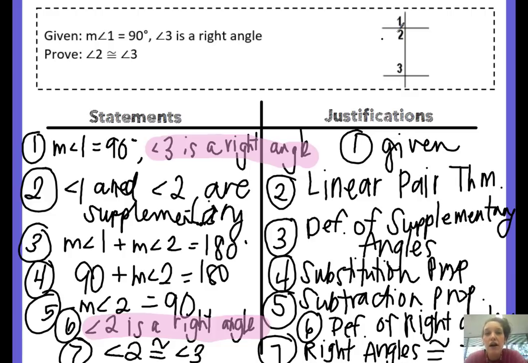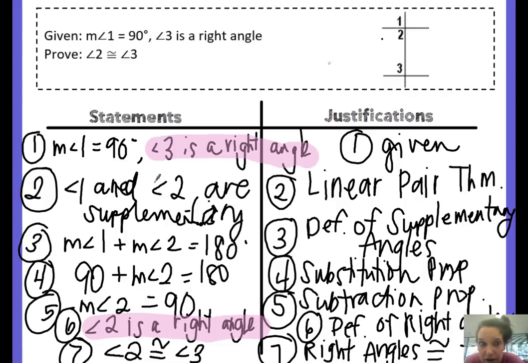Sometimes on a proof you might be thinking to yourself, I just don't know what to do next. I just don't know where I'm headed. Sometimes your strategy is just to take what you know and just say something else in your proof that's true based off what you know. For example, in step 2, I can see that they're a linear pair, so I'm going to put that in my proof.